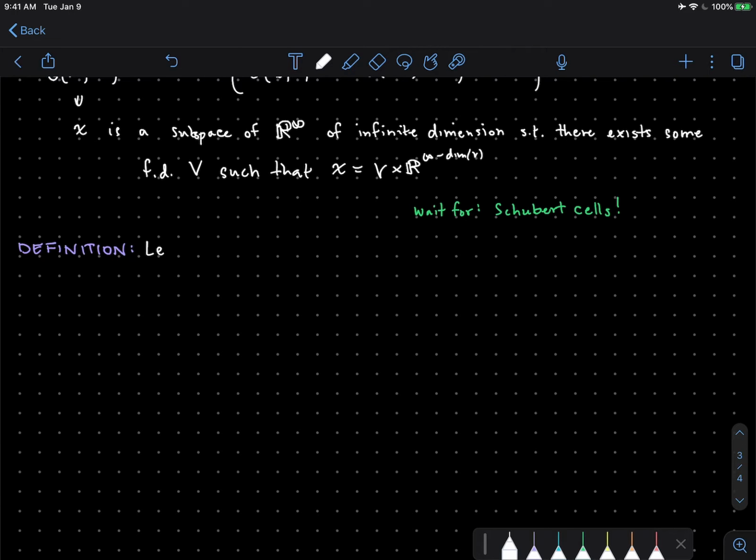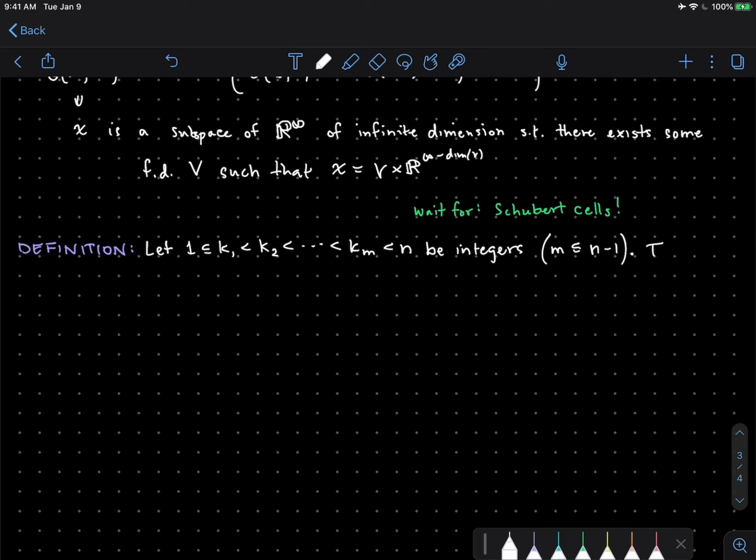So let's take integers k1 strictly less than k2, and so forth, strictly less than km, strictly less than n. Note in particular that m here is at most n minus 1, otherwise there just are too few places between 1 and n to fit all those k's in there.